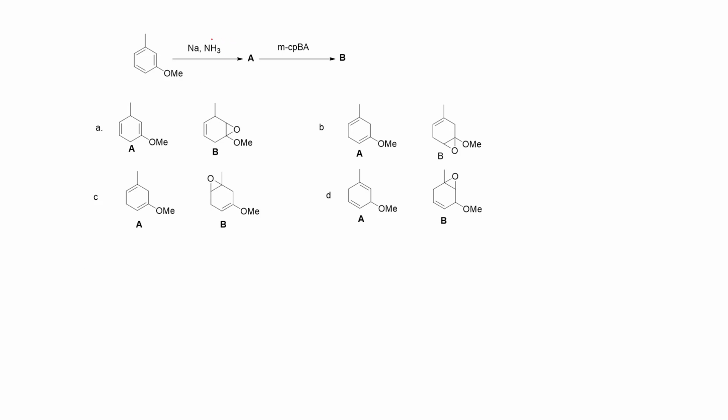If you add sodium and ammonia, this undergoes a Birch reduction. The aromatic ring undergoes a Birch reduction, followed by MCPBA, a peracid, which means it will undergo a Baeyer-Villiger oxidation. So there is a combination of Birch reduction followed by a Baeyer-Villiger oxidation. If you don't know at least one of them, then you can't answer this question.